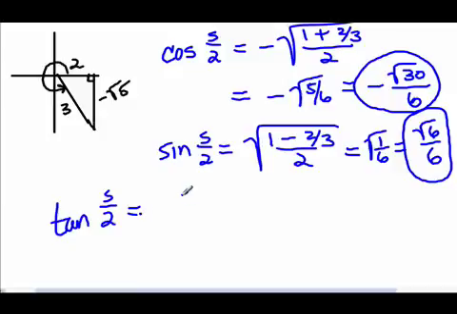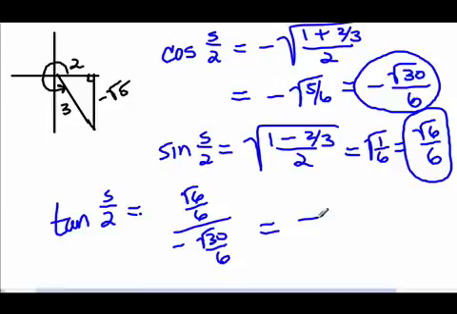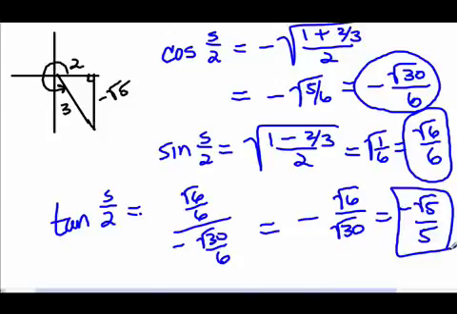Sine of S over 2, square root of 6 over 6, divided by negative root 30 over 6, is equal to negative root 6 over root 30. And that simplifies to what in lowest terms? Negative root 5 over 5. Okay.